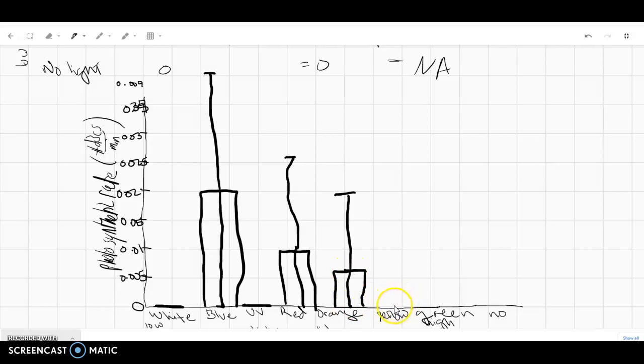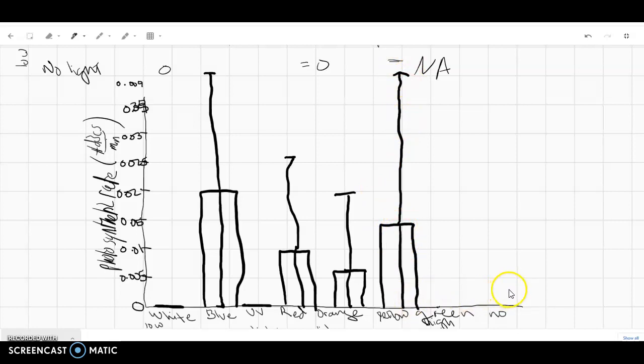Yellow had a mean of 0.04, just below that, and then our standard deviation was 0.05, so we add that. 0.09, that's way off the chart. So we're just going to, normally I wouldn't do that, but we're way off the chart here.